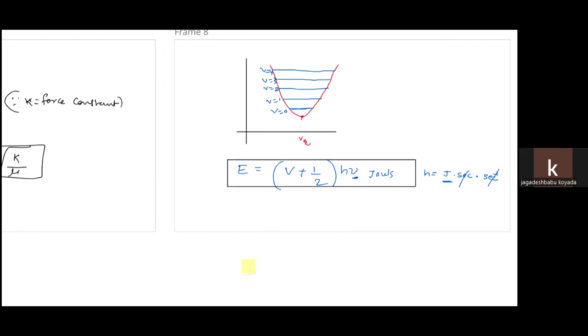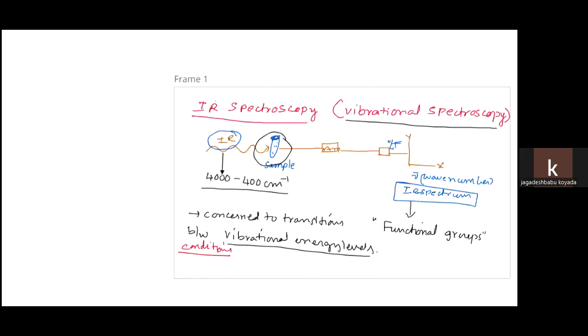In spectra, the x-axis is in inverse centimeters and the y-axis is transmittance.